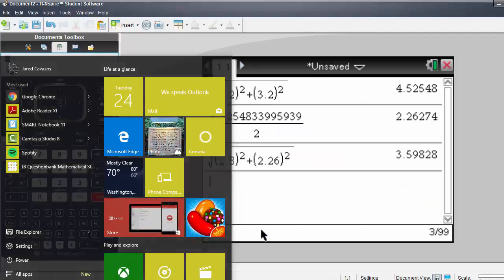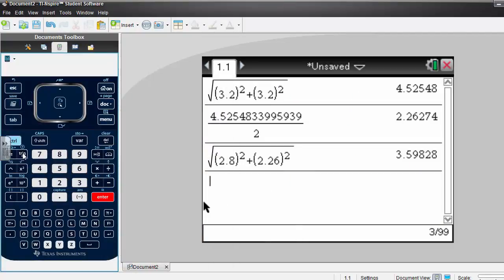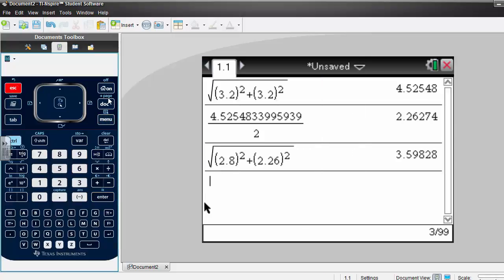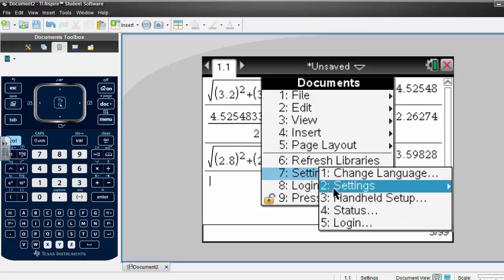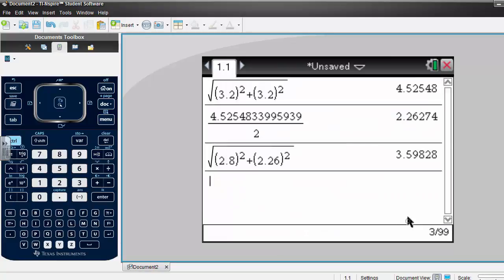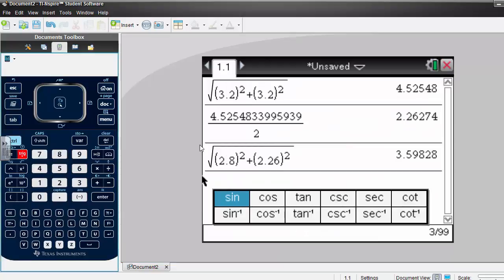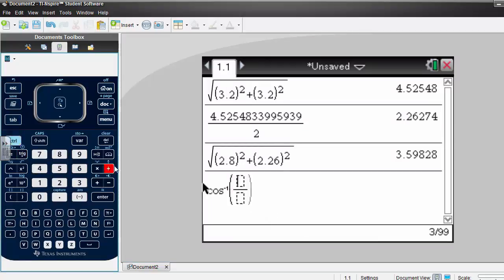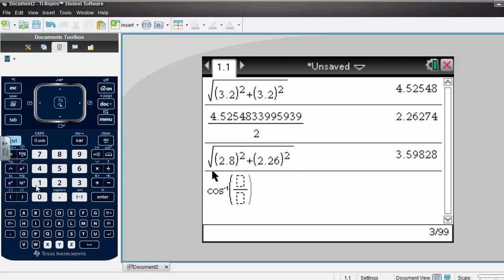Alrighty. So we're going to make sure this is in the right mode. I'm going to go to settings and make sure it's in degrees, and it is, so that's fine. Alright, so I'm going to go to cosine inverse, control divide, let's make this a fraction.